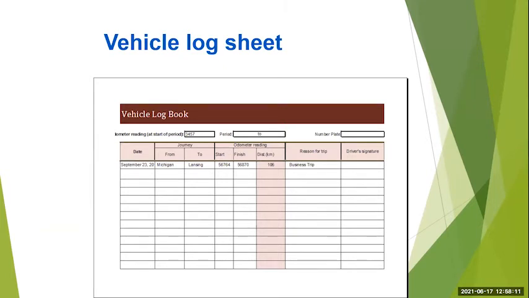So this form shows your accountability for fuel. If your company has maybe a fuel card, when you go to a petrol station, they issue a receipt showing how much fuel and how much money you've spent. So make sure the drivers fill in this vehicle logbook. It really shows the mileage, the purpose for the trip, the reason for the trip, and the odometer reading.